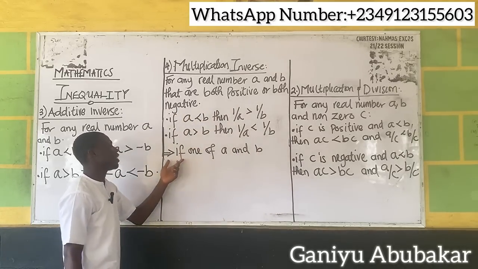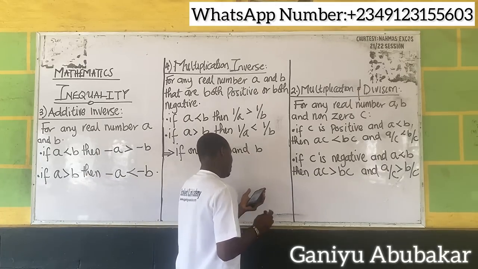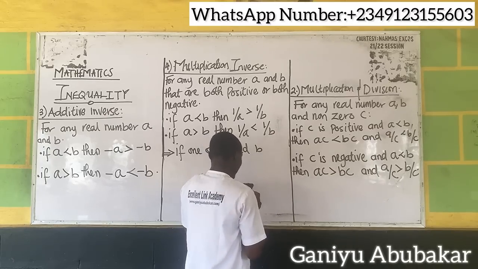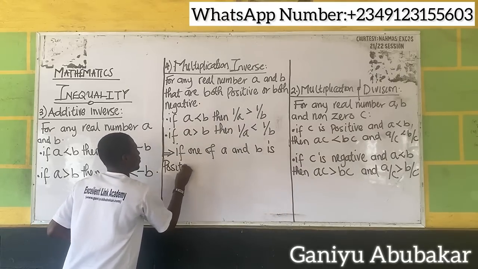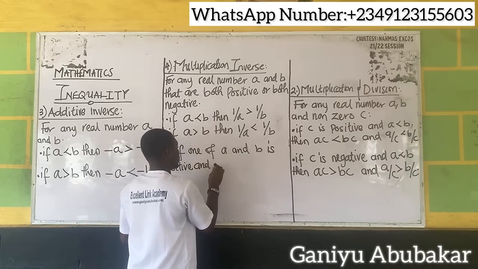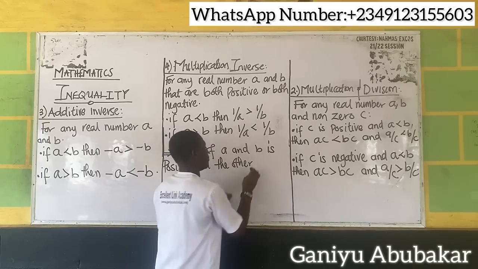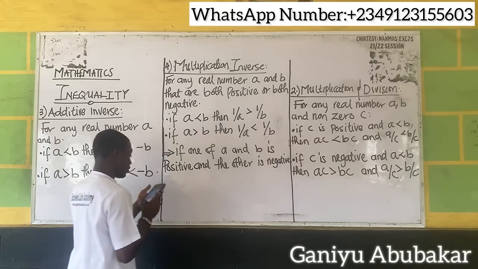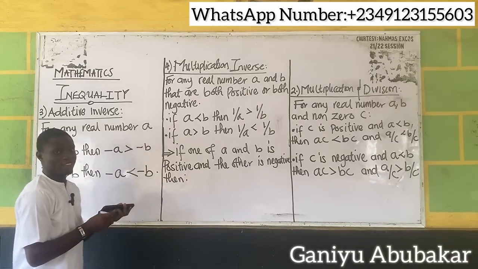But for the second case, if one of A and B is positive and the other is negative, then the expression is given below.